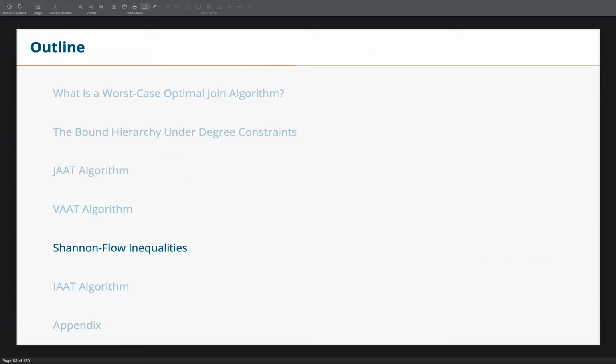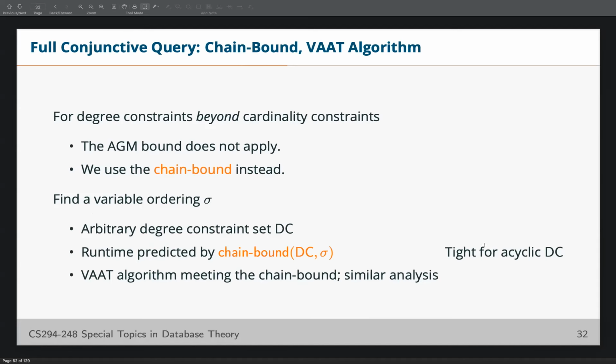Oh, sorry. But you said at the beginning that this was for joins without projection. That's right. Why? Okay, I'll give you a short answer for why we had to assume that the query is a full conjunctive query. Let's say the query has no free variable. Let's say it's just a yes/no question. Then the output size bound is 1, right?